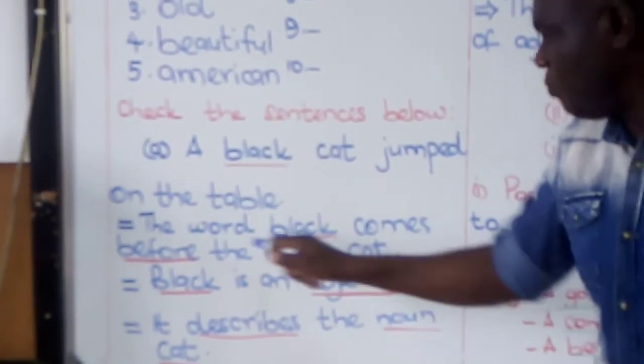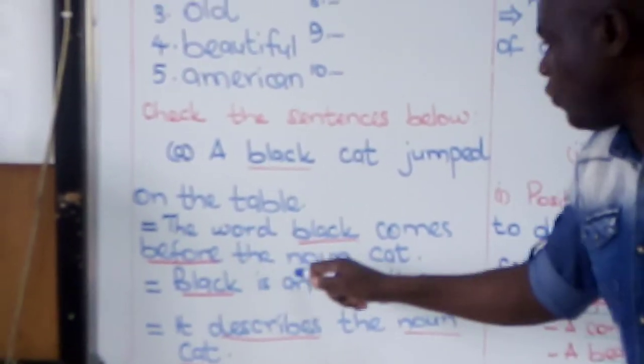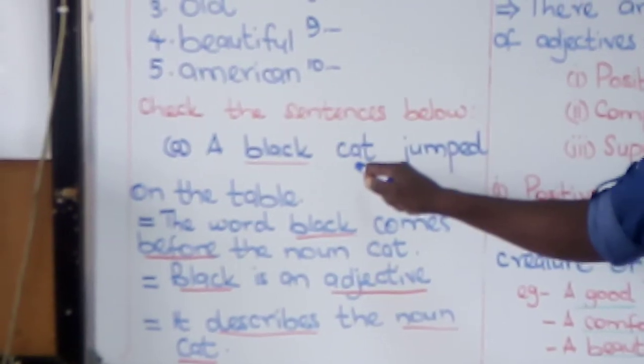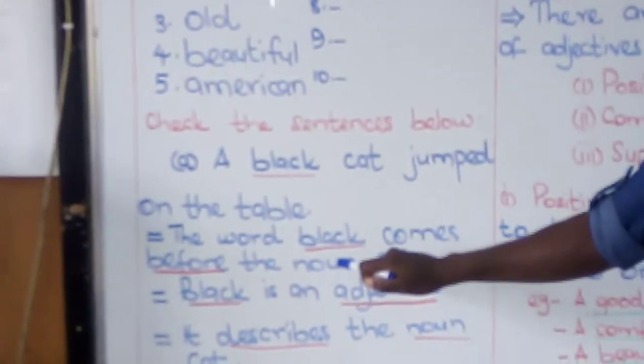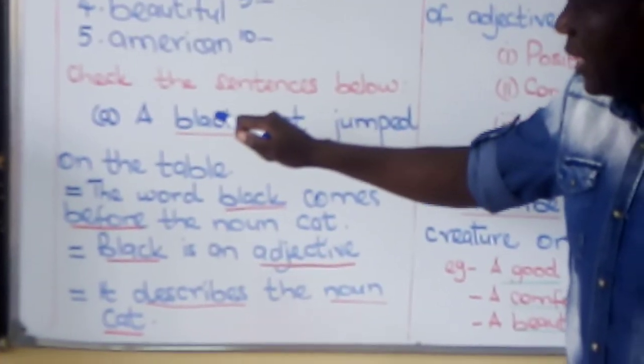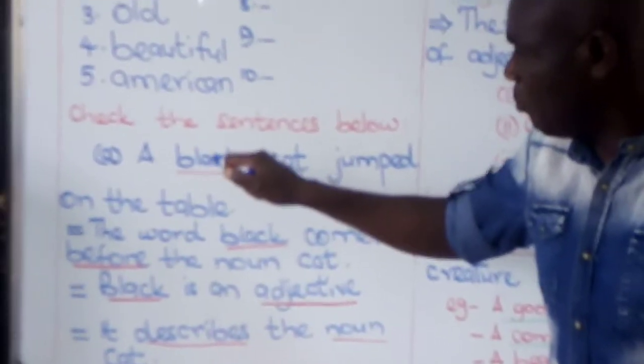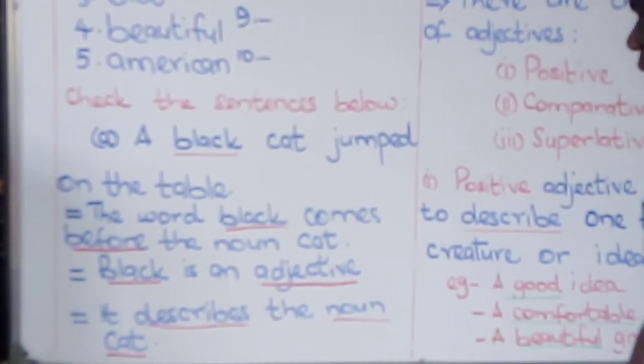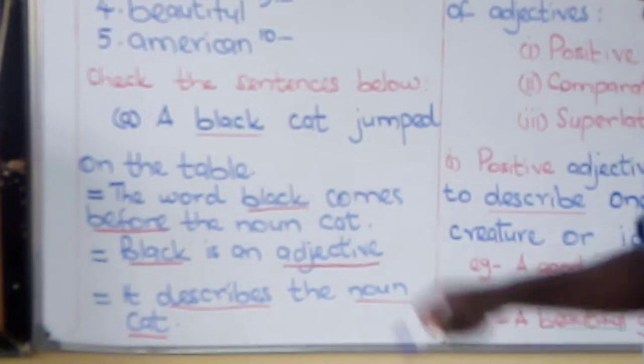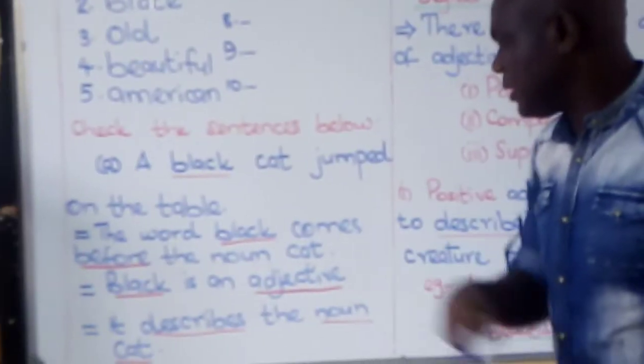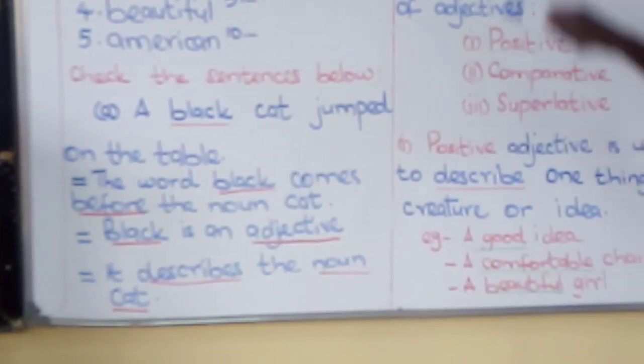Then the word black comes before the noun cat. You see, there's a noun there, cat. And then the word that comes before the cat is black, right? So the word black is an adjective. It is describing the color of the cat. So it is an adjective.